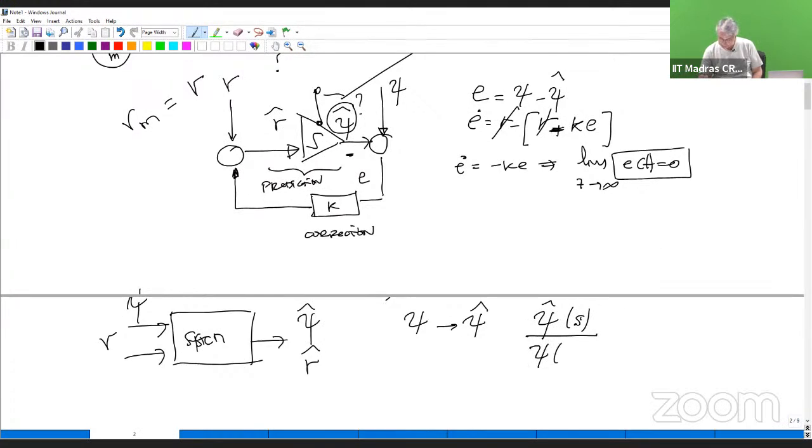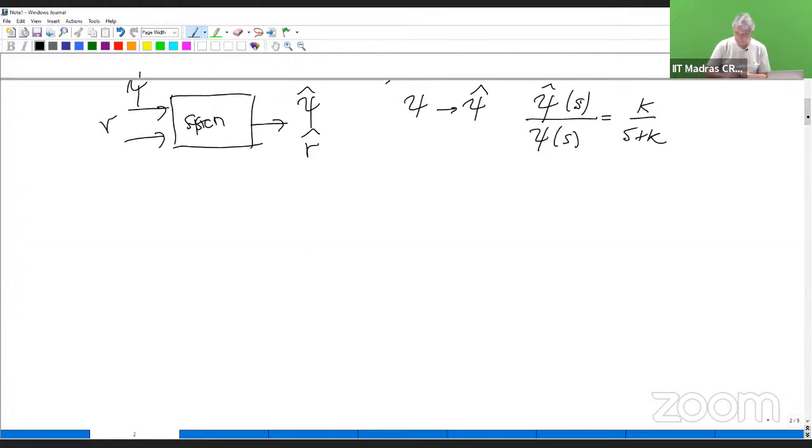If you compute this, then you get K over S plus K. This is very important because it tells you something very interesting. Your only degree of freedom in this design is K positive. And we know that the system is stable no matter what K is, as long as it is positive. Now, if you do the Bode plot of this transfer function, you get something like this.